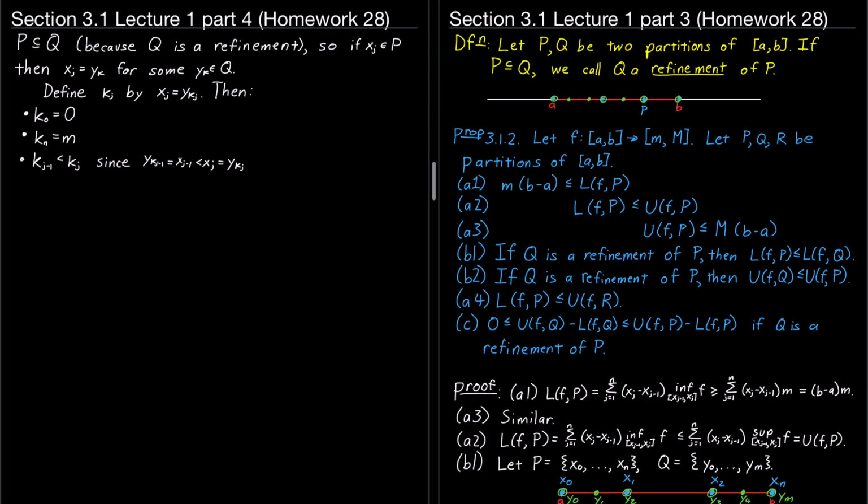So now let's write out what we're trying to prove. The lower sum of f with respect to Q. That's the sum from k equals 1 to m of yk minus yk minus 1, then the infimum over this closed interval of f.